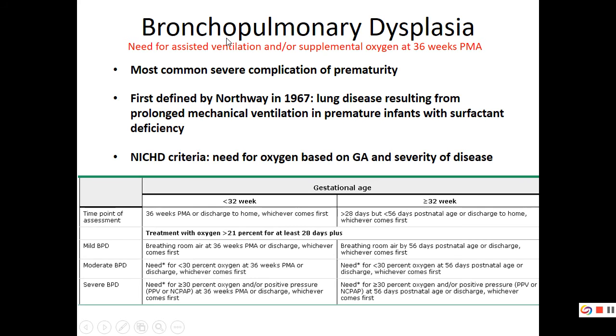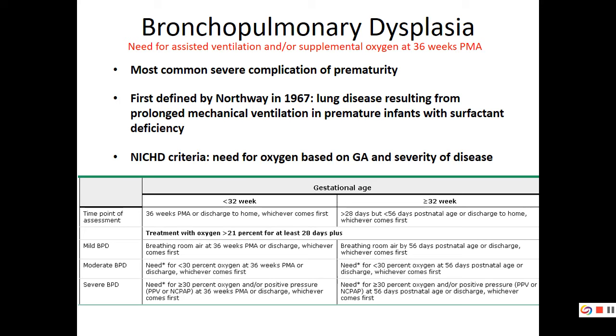So another way to define bronchopulmonary dysplasia is the need for assisted ventilation and or supplemental oxygen at 36 weeks post-menstrual age. It's the most common severe complication of prematurity.